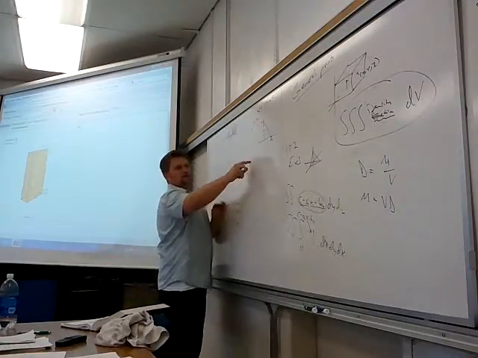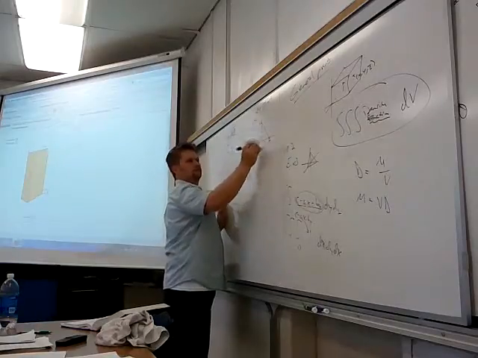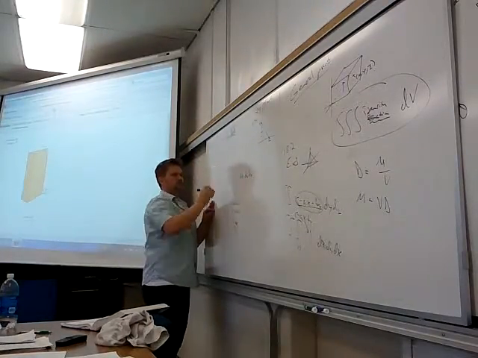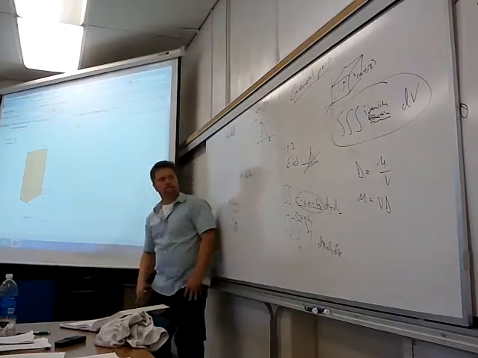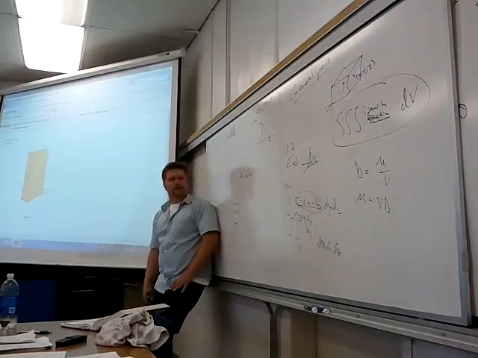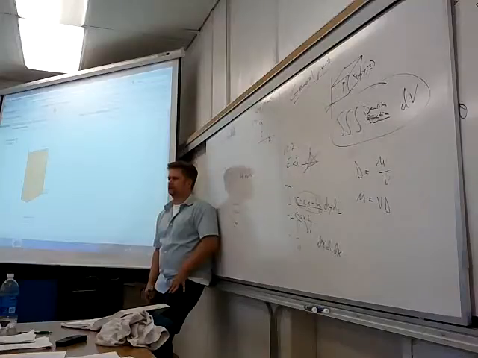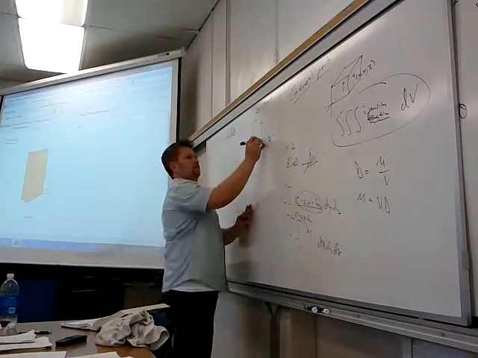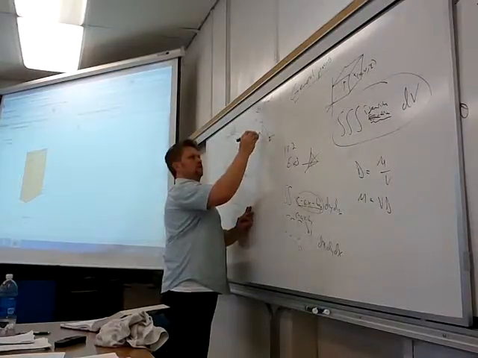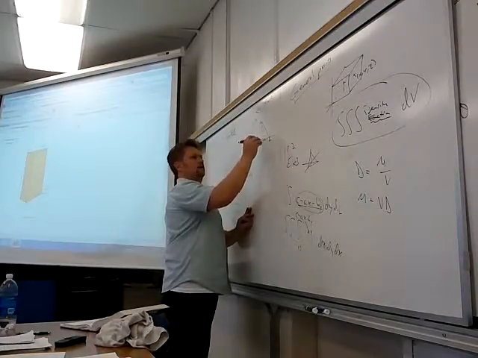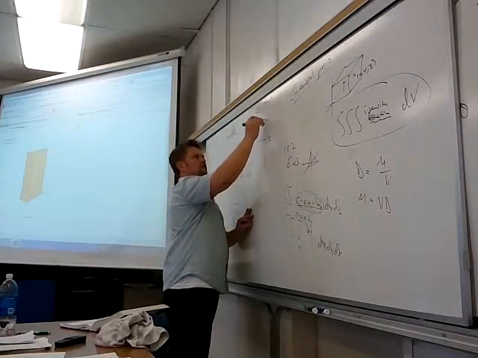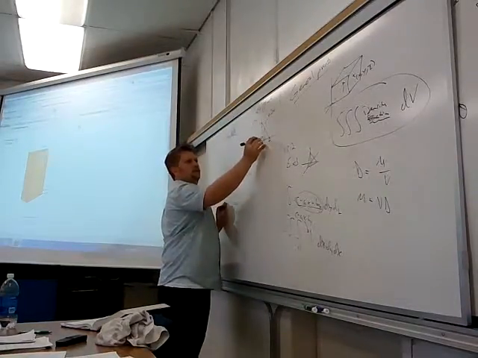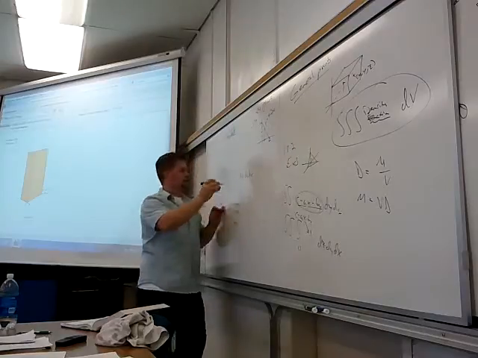So start with x. What is x going to go from to? 0 to 2. So x is going from 0 to 2. What is y doing as x does that? 0 to 4 minus 2x. Yep, so for any x, y is going to go from 0 to that line.